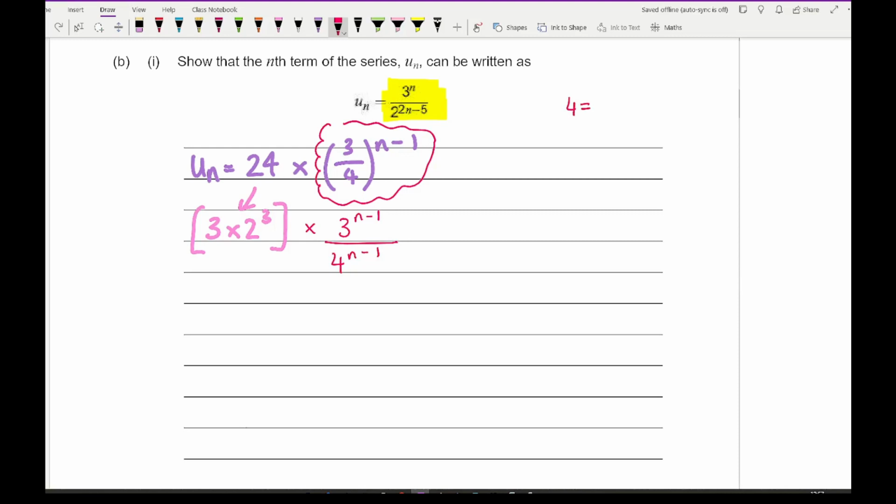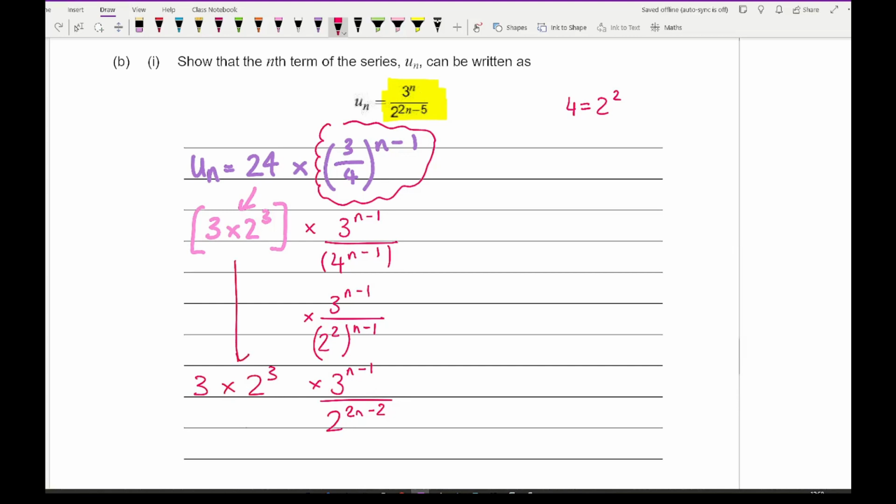Now 4 we know is 2 squared, so I can rewrite this bit as 3 to the n minus 1 over 2 squared to the n minus 1, which then becomes 3 to the n minus 1 over 2 to the 2n minus 2, and that is times 3 times 2 cubed. So again, I'm just dragging that bit down.